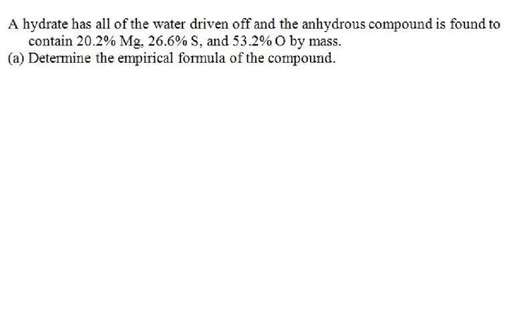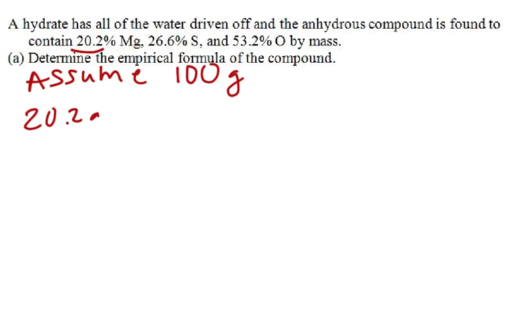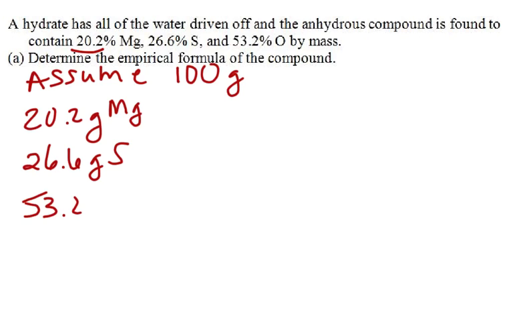So if we start and say, well, here are these percentages, if we assume that we have 100 grams of substance, then these percentages turn into masses. So we have 20.2 grams of magnesium, 26.6 grams of sulfur, and 53.2 grams of oxygen. Now we're going to change each of these into moles.